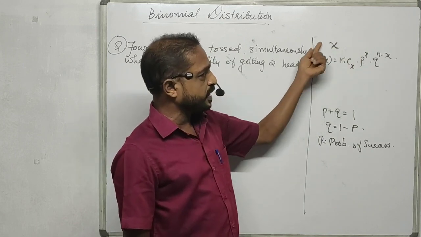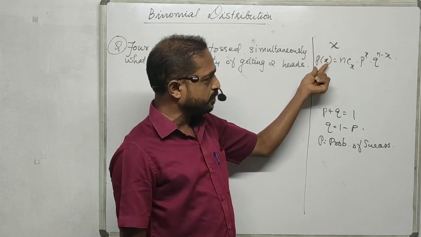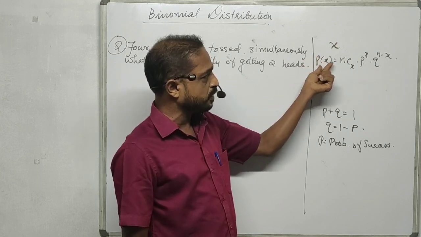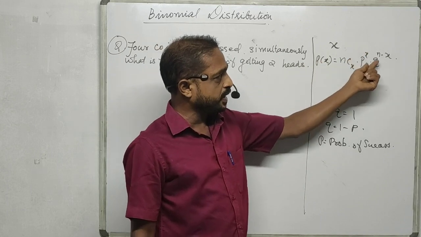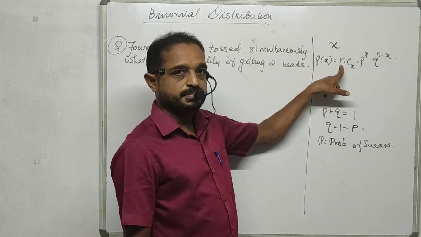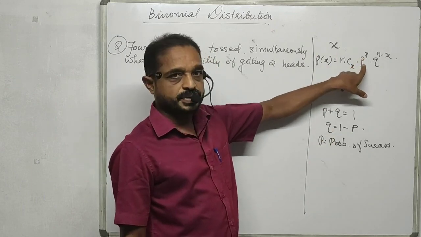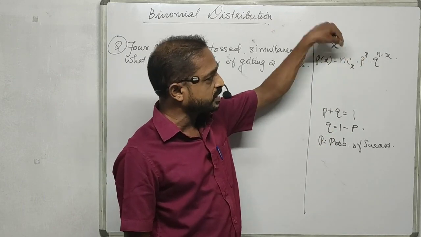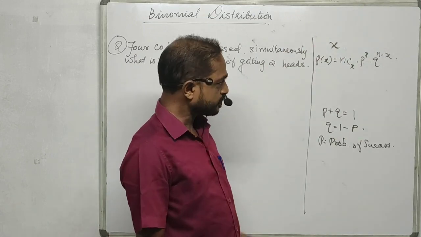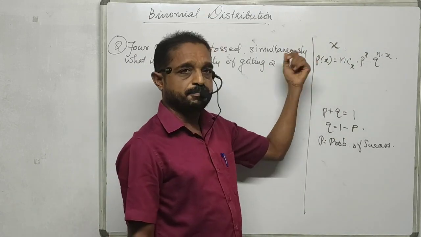So a discrete random variable x is said to follow binomial distribution if its probability density function is p of x is equal to n c x, p raised to x, q raised to n minus x. Here n is the number of trials, p is the probability of success in a single trial, and q is the probability of failure. What is meant by p of x?